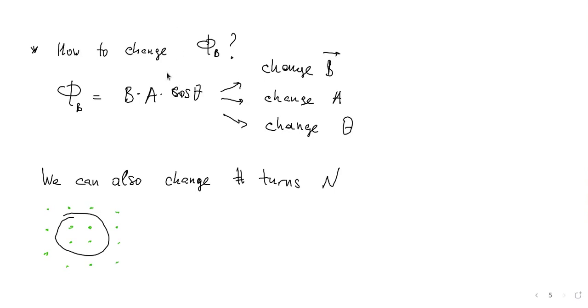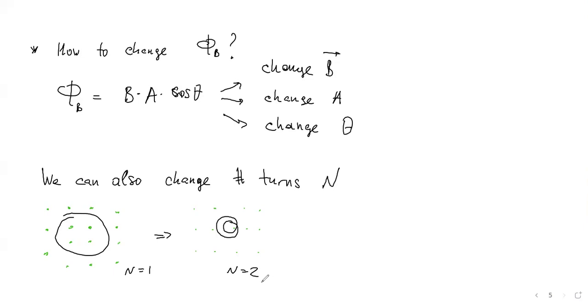If I try to reshape this, I can create 2 turns in the same magnetic field. So I am changing the number of turns from n equals 1 to n equals 2.